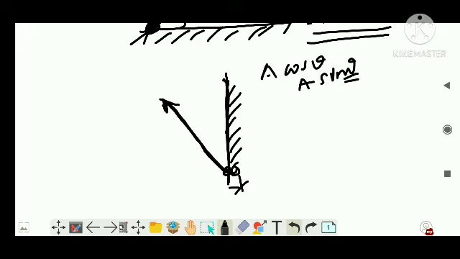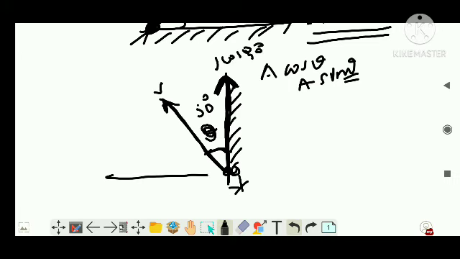So this becomes the angle, and this becomes the horizontal, guys. So this is our velocity v. You have to take the line with which the theta is made. Let's say that is 30 degrees. So the component which is along the angle becomes v cos 30 degrees.